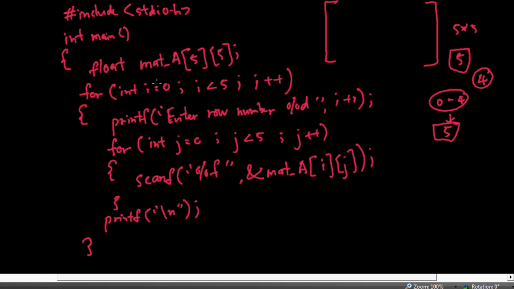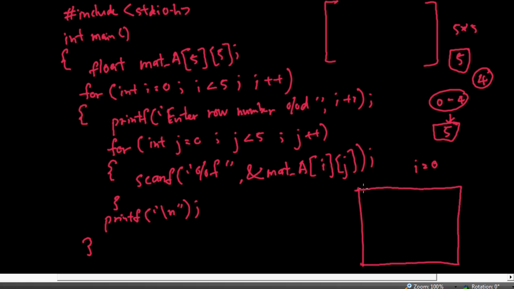Now let's do a dry run. First, when we enter this for loop, i is equal to 0. Then "Enter row number %d", i plus 1. Let me draw a screen over here. It might look a bit messy, I'm sorry.